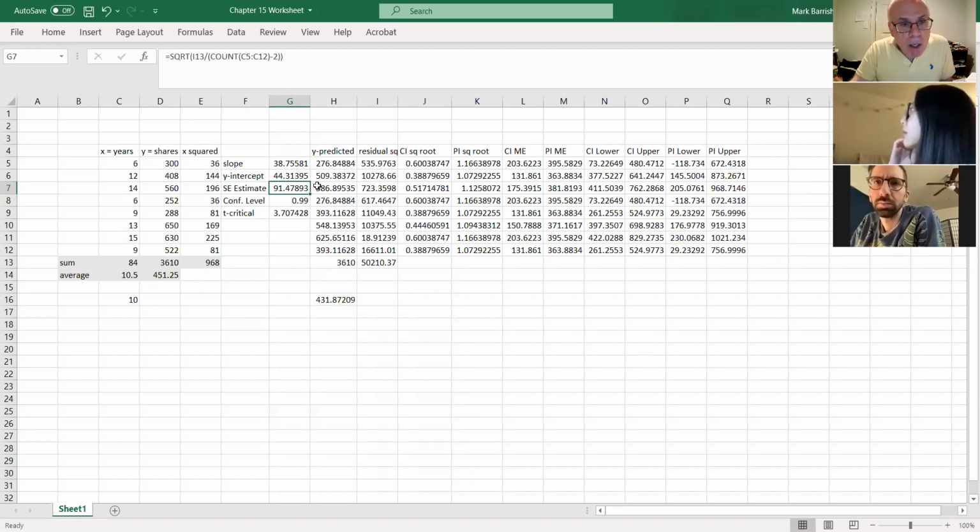So for example, for x equal to 6, this 91.47893 times this 0.600038747, those two together should give us that number that we were just looking at. So let's do that. I'm going to multiply those two numbers with my calculator. 91.47893 times 0.600038747. I got 54.891 approximately.